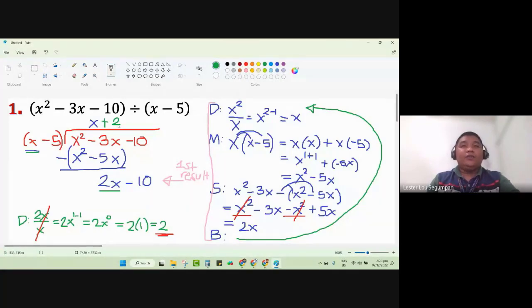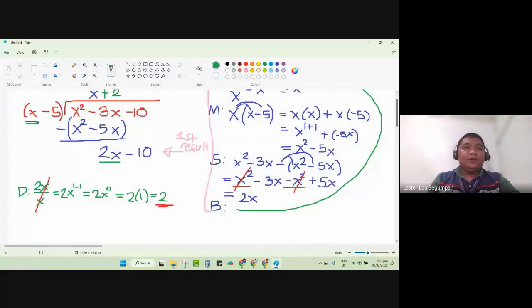And then we continue the process after division, multiplication, and then proceed to subtraction and look into other terms that could be brought down if there are any. Let's proceed to multiplication. Okay? Multiplication is here.